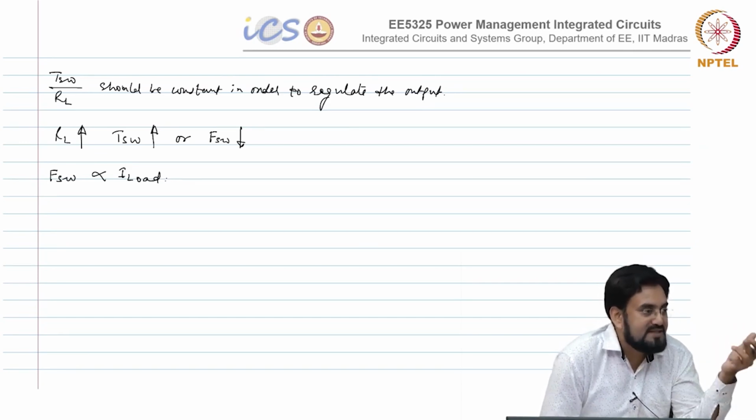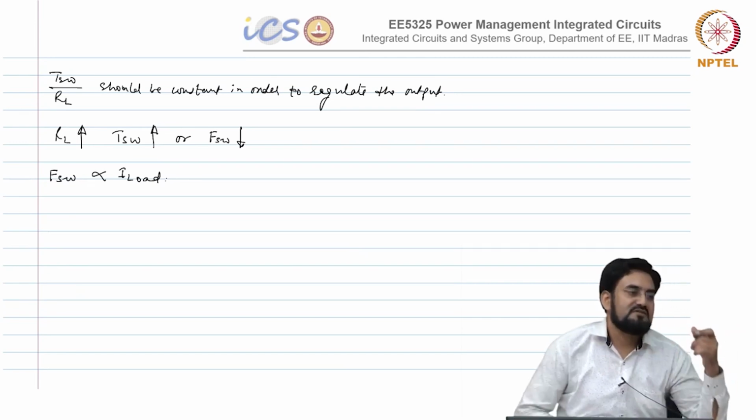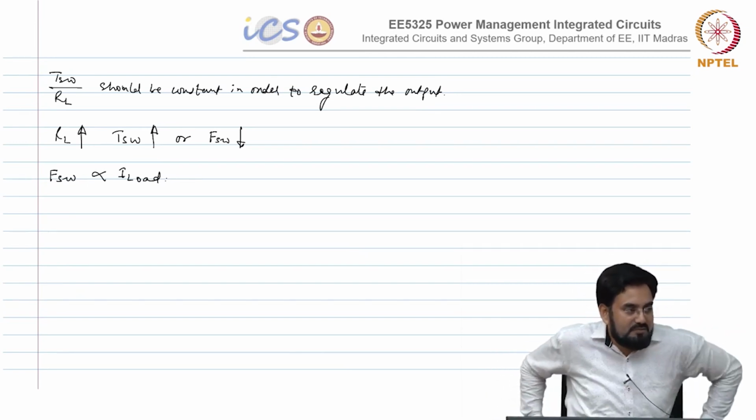But if you operate in CCM, then you don't require this condition to meet. Then in order to reduce the switching losses, you have to reduce the frequency forcefully. Here if you operate in DCM, your loop will automatically reduce your switching frequency.